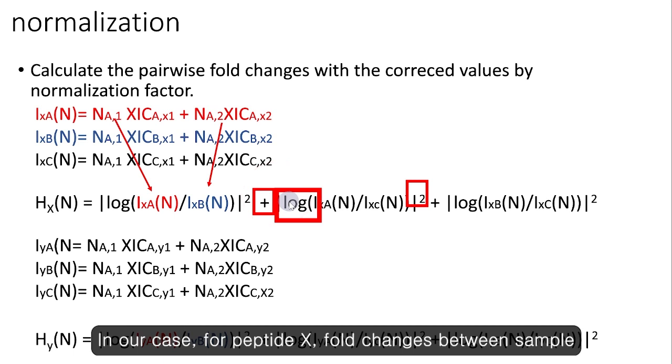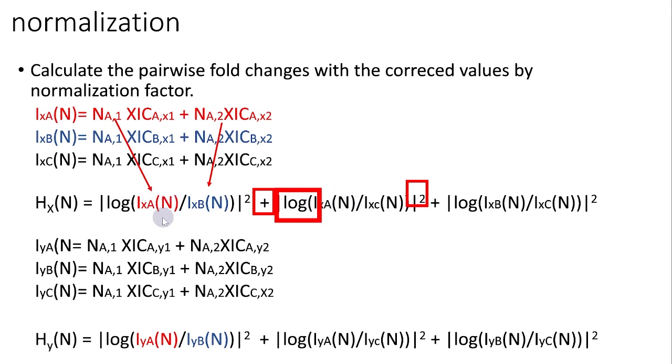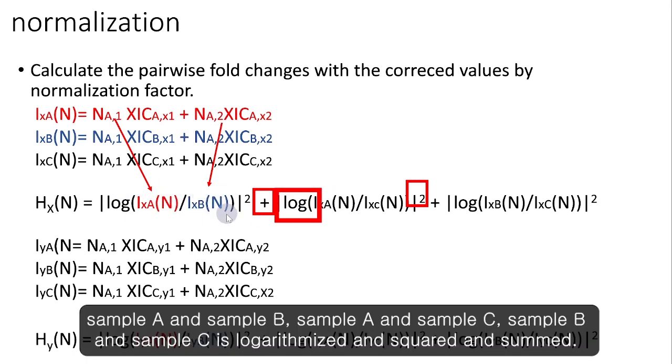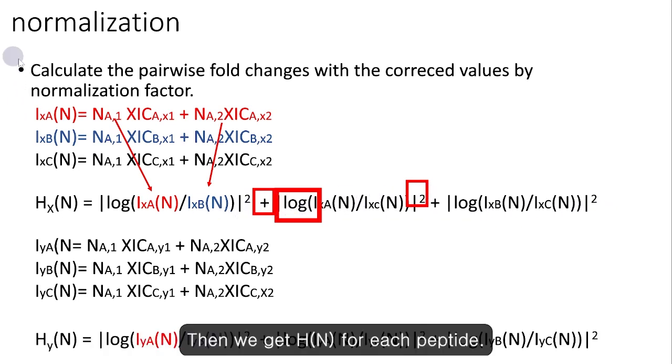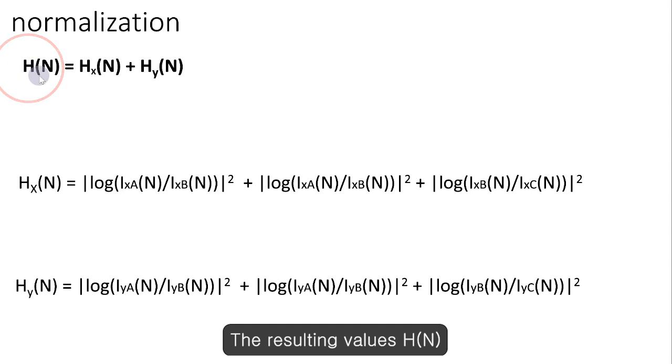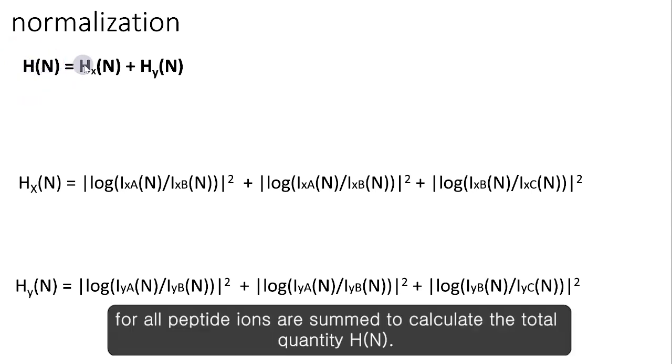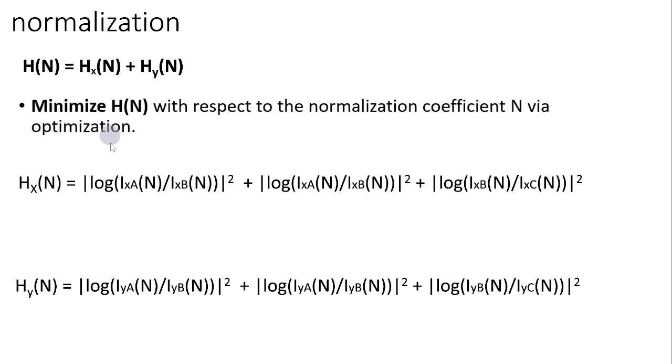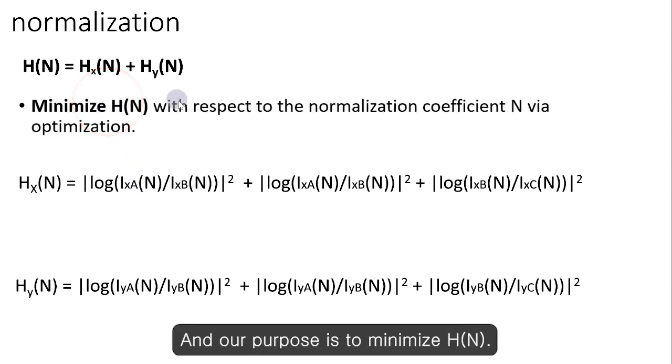In our case, for peptide X, fold changes between sample A and sample B, sample A and sample C, and sample B and sample C are logarithmized, squared and summed. Then we get Hn for each peptide. The resulting values Hn for all peptide ions are summed to calculate the total quantity Hn. And our purpose is to minimize Hn.